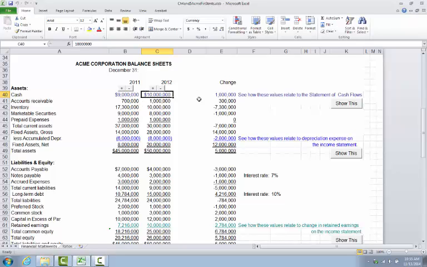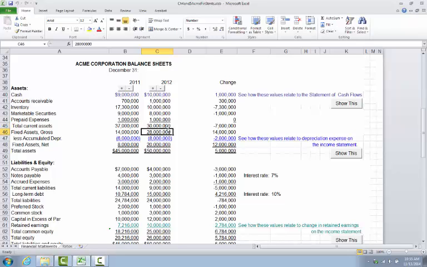So we have our cash, our accounts receivable, our inventory, our marketable securities, our prepaid expenses. These are all current assets or short-term assets, if you will. They either are cash or expected to convert into cash within a short period of time, usually defined as a year.